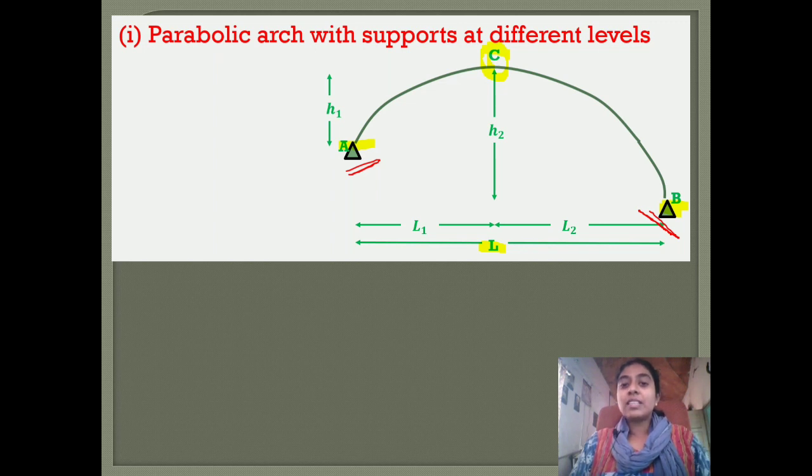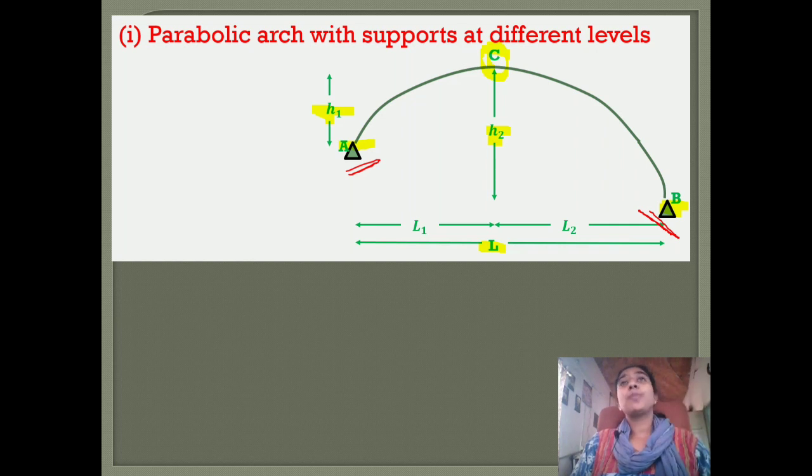The distance of the hinge C from the support A is taken as H1, and the height of the hinge C from the support B is taken as H2.